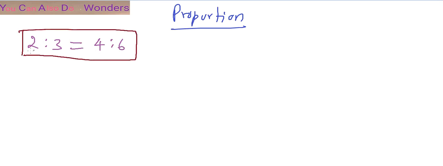For example, we know 2:3 is equal to 4:6, isn't it? So these two are equal. These two ratios combined is called proportion.